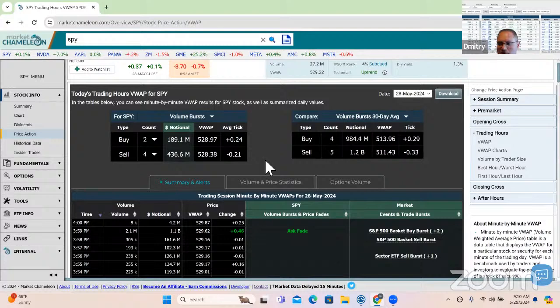So it'd be like a moment where the price moved with not a lot of liquidity. All right, so let's see what that looks like. And we refer to these as price fades.